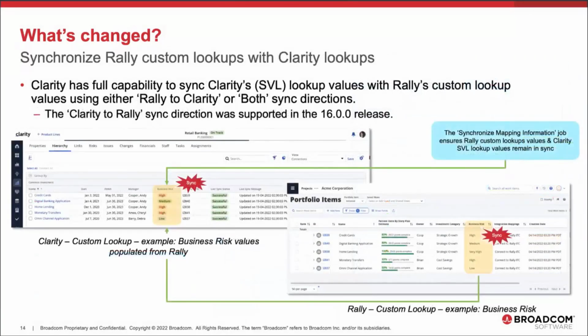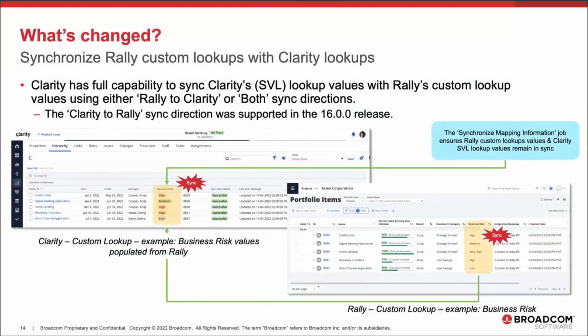Custom lookups. In the last release, with respect to Rally custom lookups and Clarity single value lookups, we only supported one way, from Clarity to Rally. So you could push information directly to Rally, great, but we were missing the other direction, coming back from Rally.